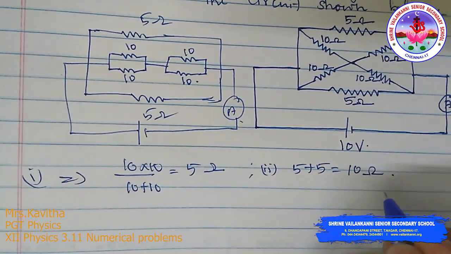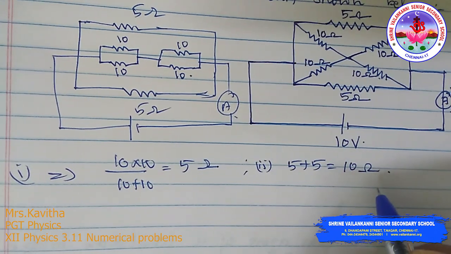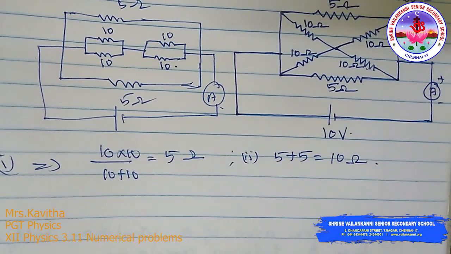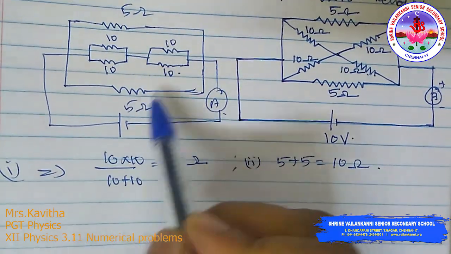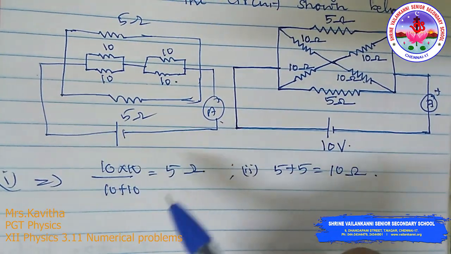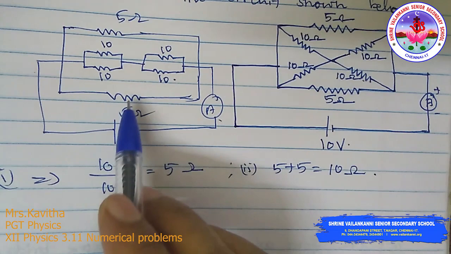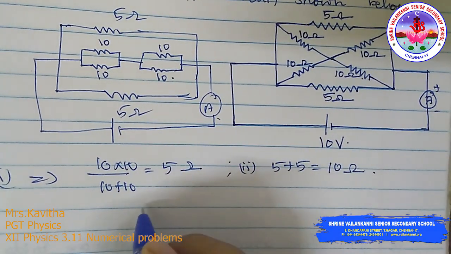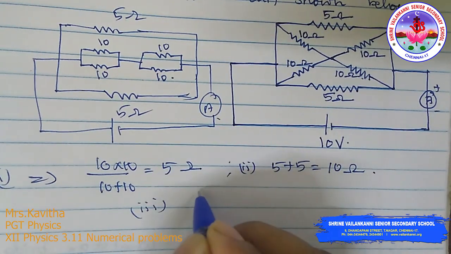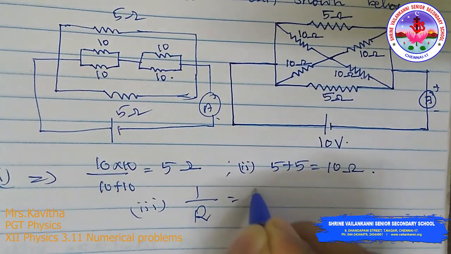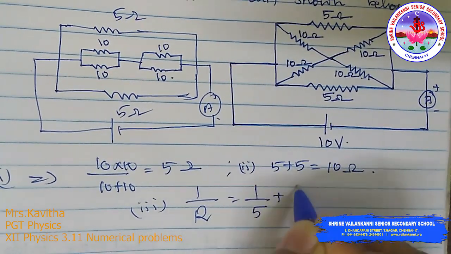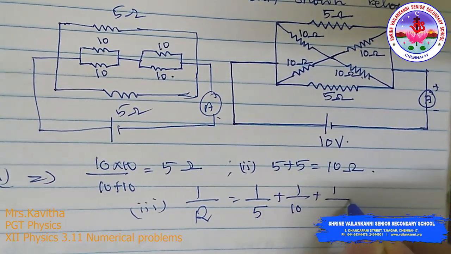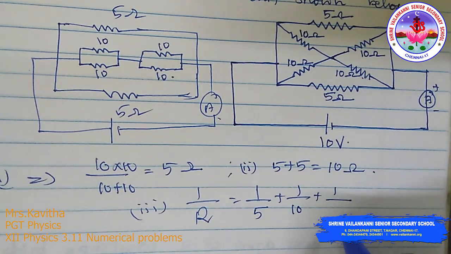Now we can get the resistances of 5 ohm, 10 ohm and 5 ohm. This one 5 ohm. Now we can get this result as 10 ohm, then this is 5 ohm. So these are connected in parallel. Now we can take as a third step: 1 by R is equal to 1 by 5 ohm plus 1 by 10 ohm plus 1 by 5 again.